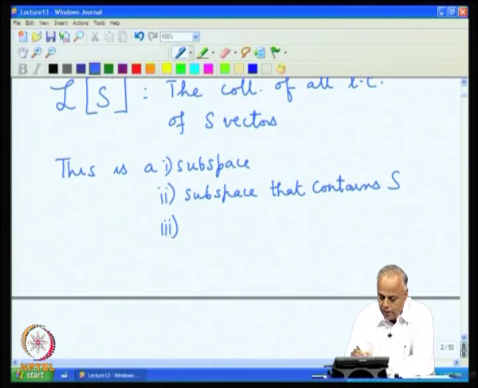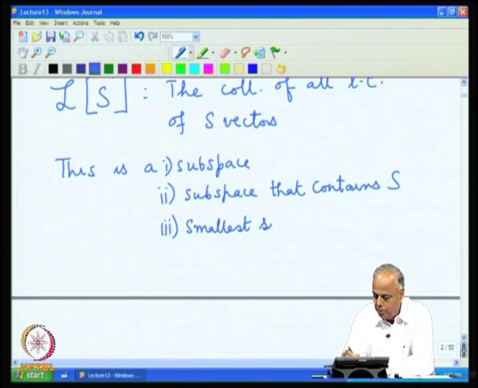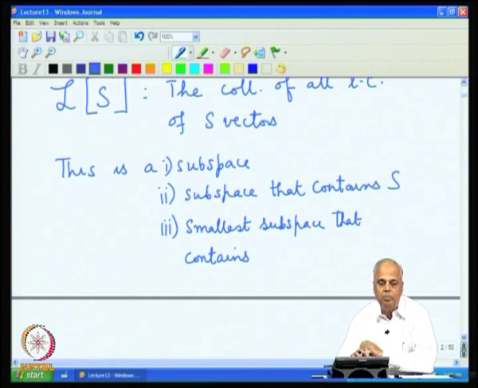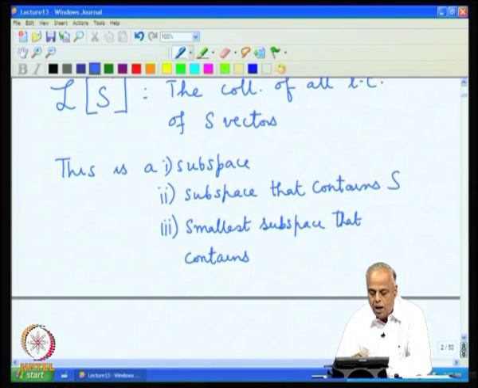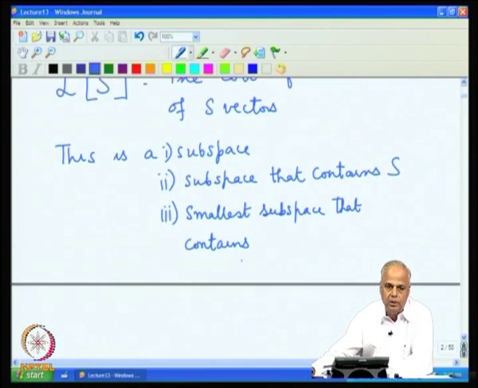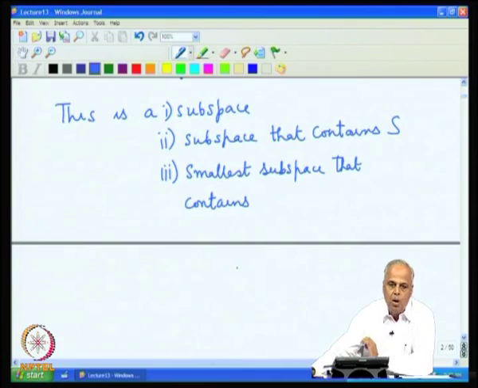So, the final clincher is it is the smallest subspace that contains S. So, given a finite set u 1, u 2, up to u r, the collection of all linear combinations of these vectors forms the smallest subspace that contains S.